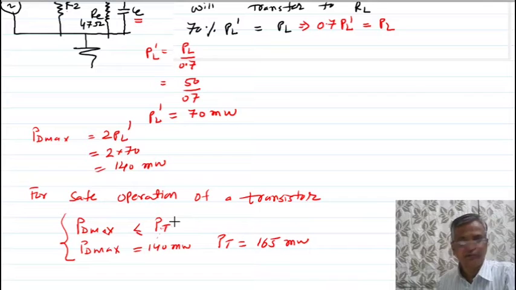PD is 140 here. So for safe operation, PD max should be less than or equal to PT. PT is 165, so the transistor is operated in a safe region.